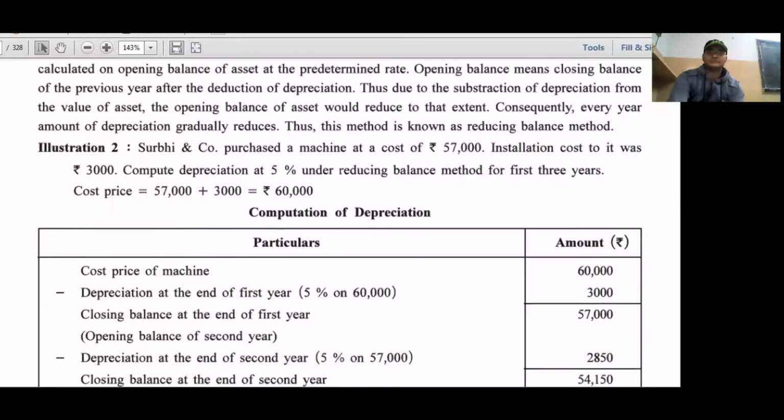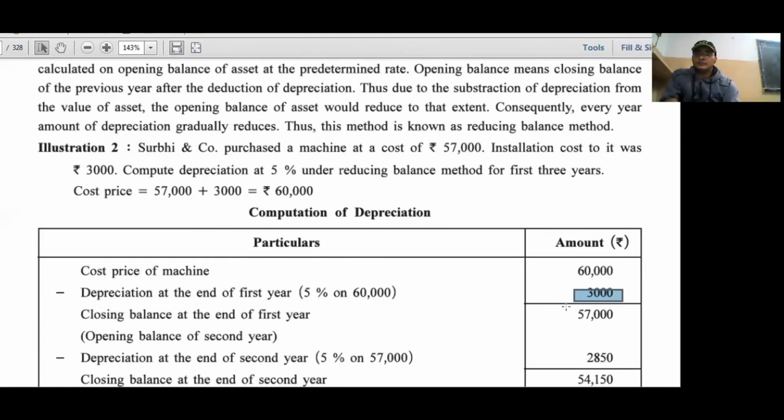Like you can see in illustration number 2, Shurbi and Company purchase a machine costing 57,000, installation cost 3,000. So 57 plus 3, that is a total cost of machine 60,000. Now the depreciation rate is 5%. So 5% on 60,000. First year depreciation, 60,000 multiplied by 5%, that is 3,000.